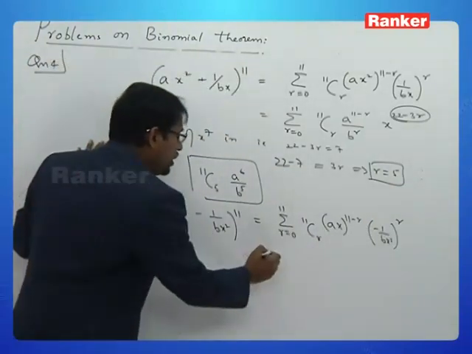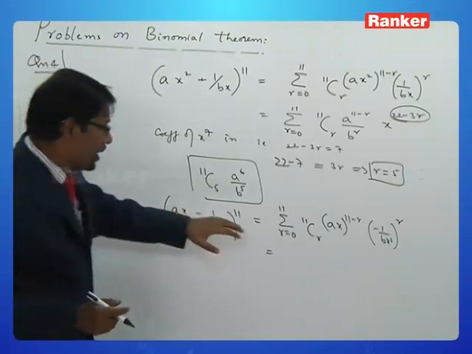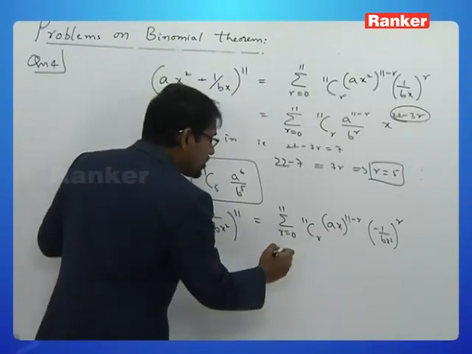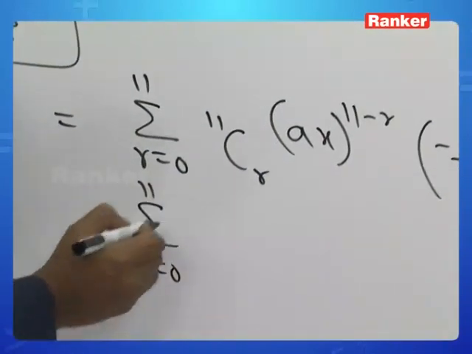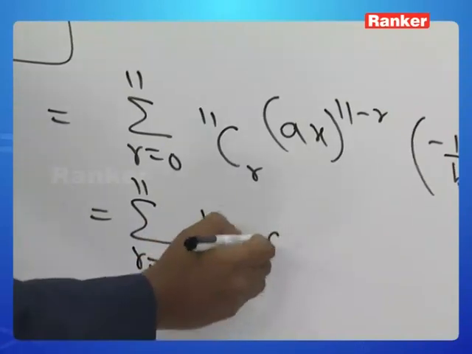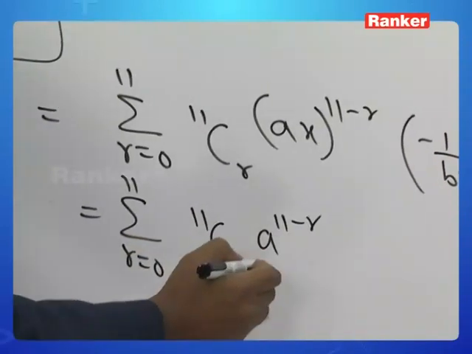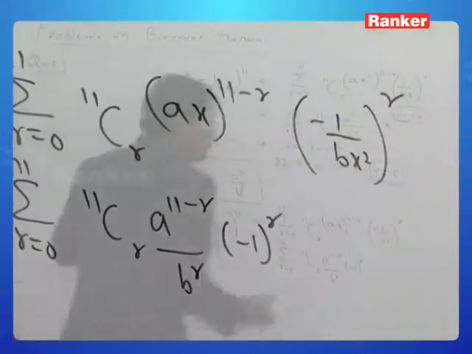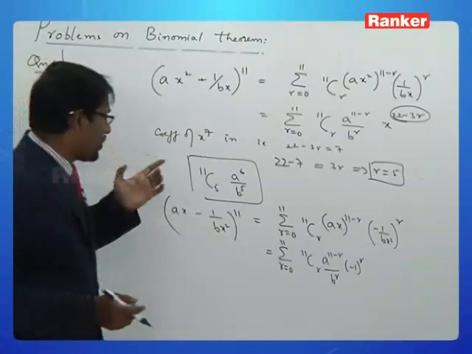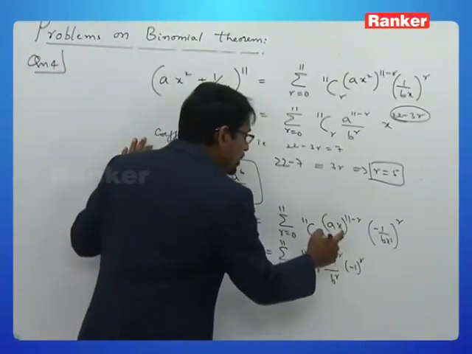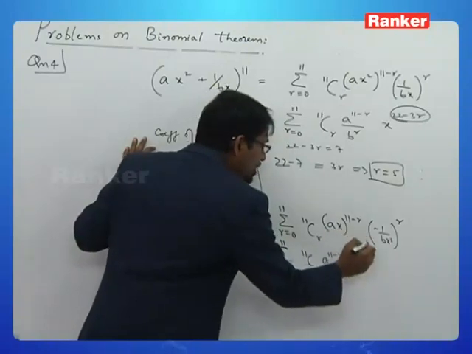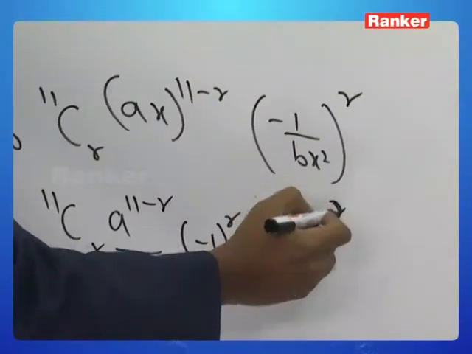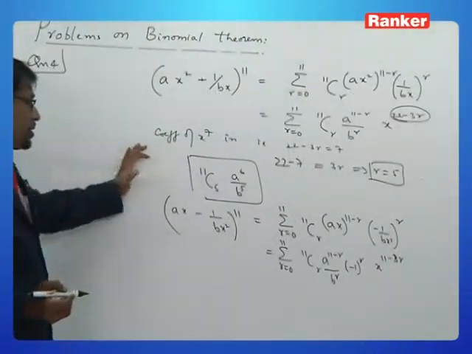Now when I group the coefficient part in one place and the power of x terms on the other side, we'll have 11Cr a^(11 minus r) by b^r into (minus 1)^r, and then x^(11 minus r minus 2r), so 11 minus 3r.